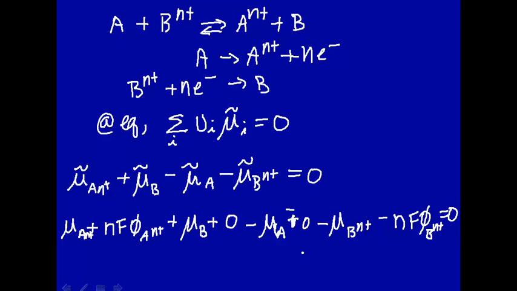All right, so let's collect some terms, just rearrange this equation. I'll do that on the next page. Let's collect the terms that don't have the potential on one side.